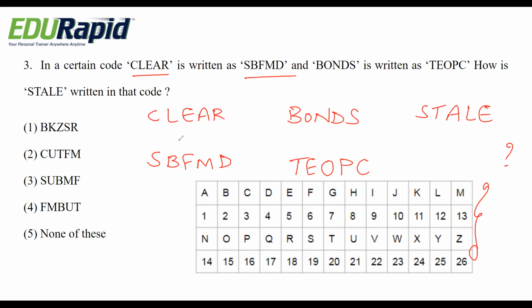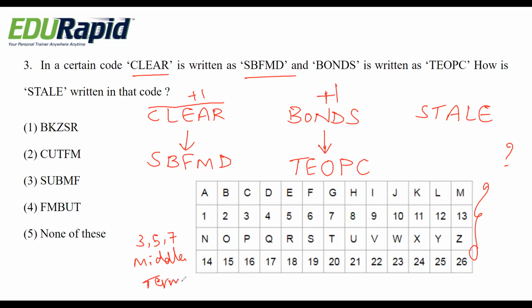If you observe here, after E it is F, that means increased by one in the middle term, and after N it is O, so it is increased by 1. Here there are a total of 5 letters. Usually for 3, 5, 7 letters, you will get a middle term.